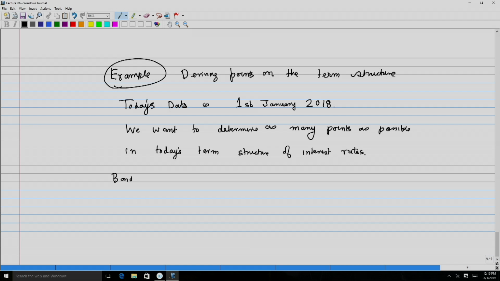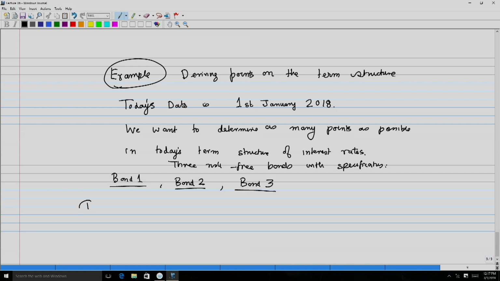I will call them bond 1, bond 2 and bond 3. So, there are 3 risk free bonds with specifications as given.